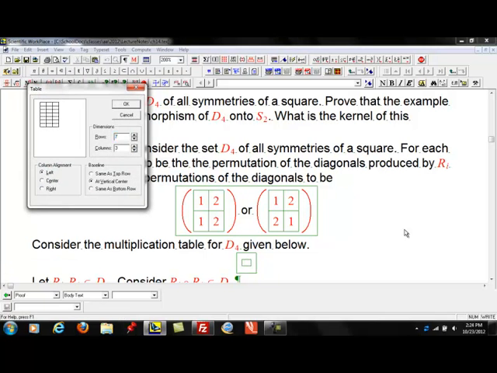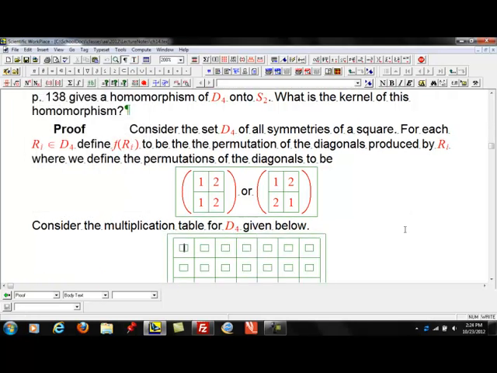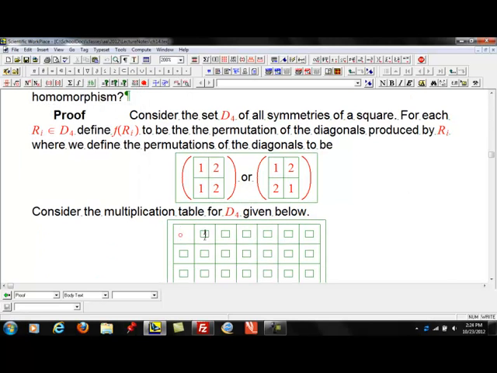So I need 7 rows by 7 columns. And then this is just our function composition. How many were there? 1, 2, 3. Yep, there's 8. It goes to 7. I saw it as 6.